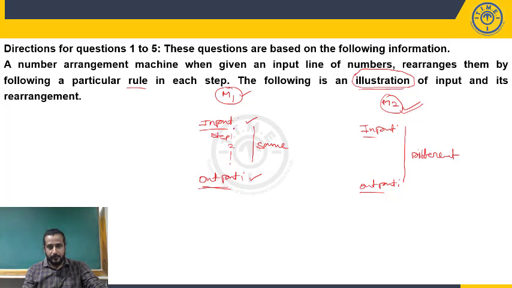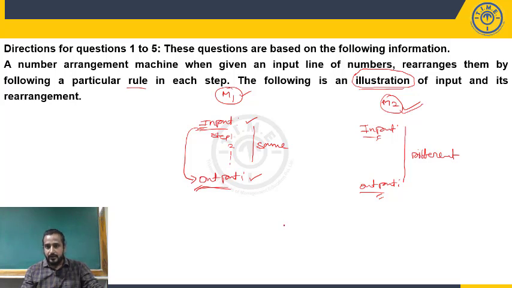Okay. So when input elements and output elements are same, it is simple to identify the logic, the given input should be compared with the output. So compare input and output. When input elements and output elements are different, comparing input and output is of no use, because the elements are completely different. So you cannot identify the logic.